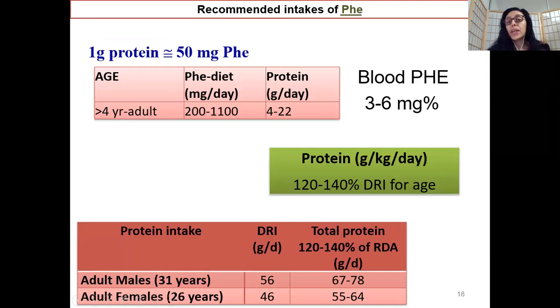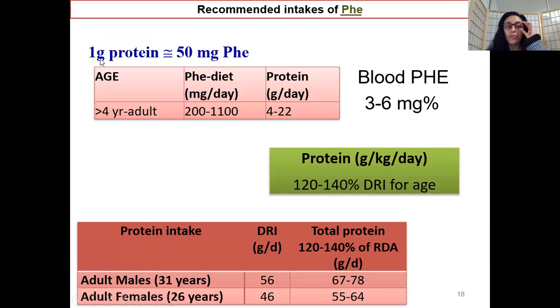Now you go to recommended intakes of phenylalanine. What is the recommended intake? As I said, guys, you have to appreciate that a lot of this research is coming from the United States, so these guidelines are based on what is studied in the US. This is still a developing concept within the Australian setting, but the very early research started in the US.